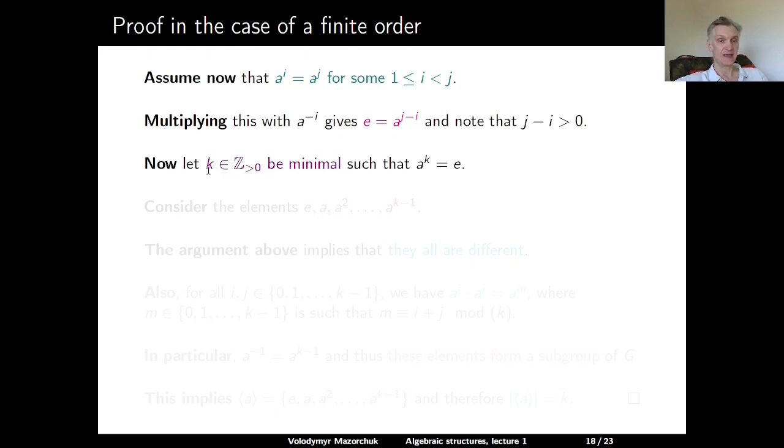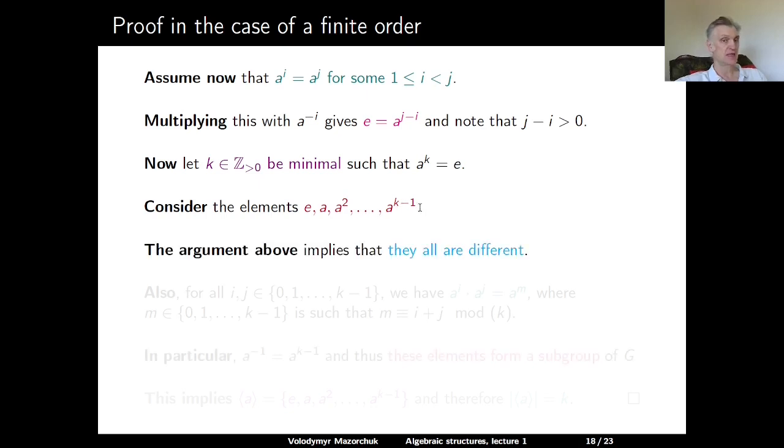So now we can take k to be the minimal positive integer such that a to the power k is equal to the identity. Now we can consider the elements e, a, a squared, and so on, a to the power k minus 1. The same argument as above implies that all these elements should be different.